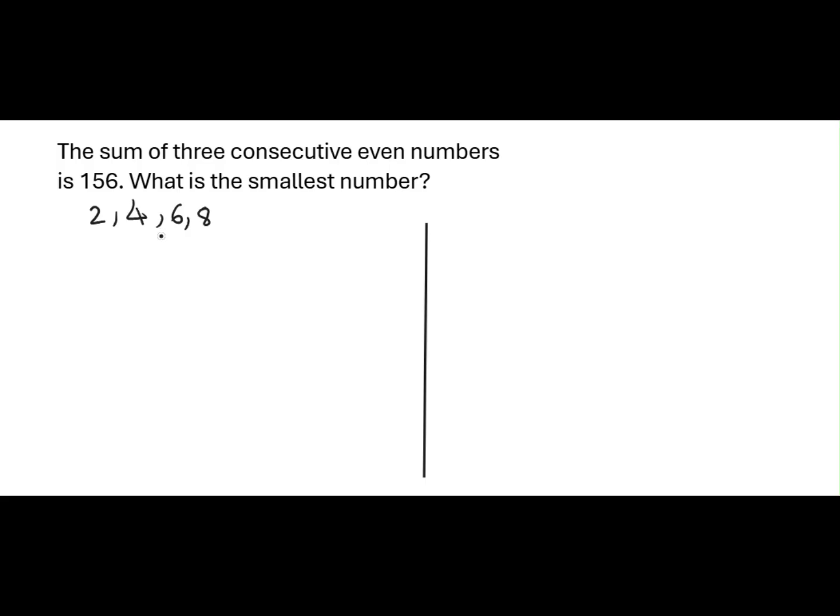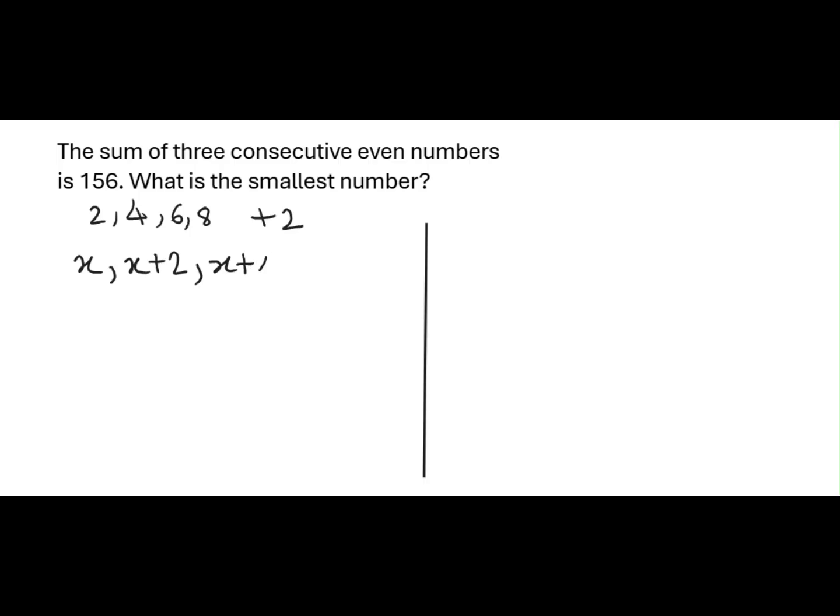So here what we are doing is every time adding plus 2 to the earlier number. So the numbers will have a difference of 2. So we will take any unknown number, say x, and the next consecutive even number will be x plus 2. Here they need even consecutive numbers, that is why we are adding plus 2.